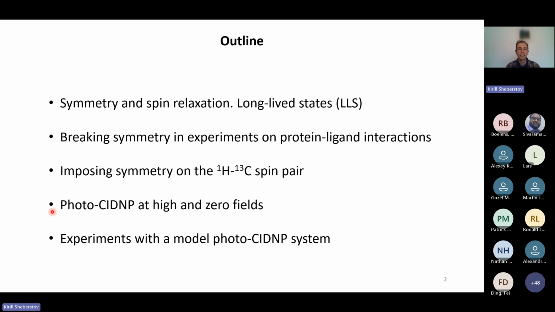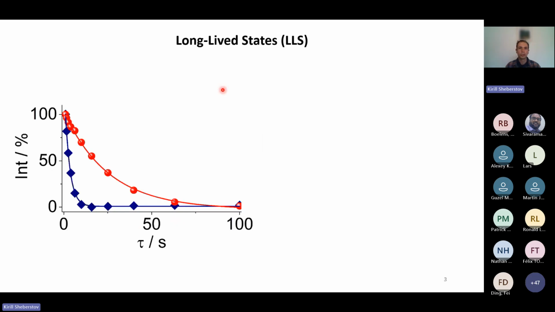We will then discuss the way to hyperpolarize such long-lived states by means of photo-CIDNP at zero field, and we will compare the radical pair mechanism at high and at zero fields. And finally, I will conclude with a discussion of experimental results on a model photo-CIDNP system demonstrating these effects.